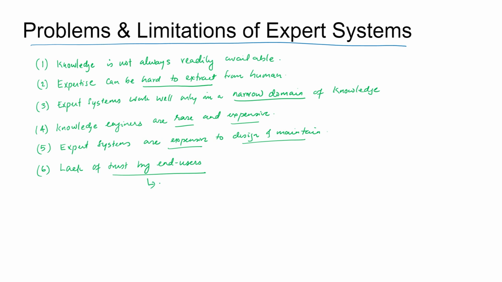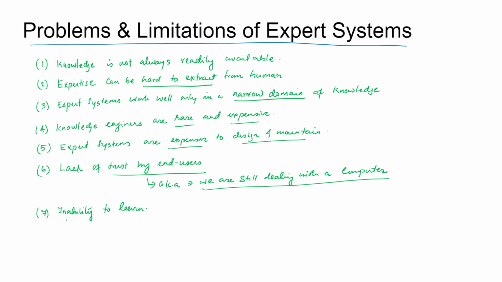In the simplest way to say it, we are still dealing with a computer. Okay. So, this belief or concept that we are still dealing with a computer is the other aspect. Then the last aspect is inability to learn.